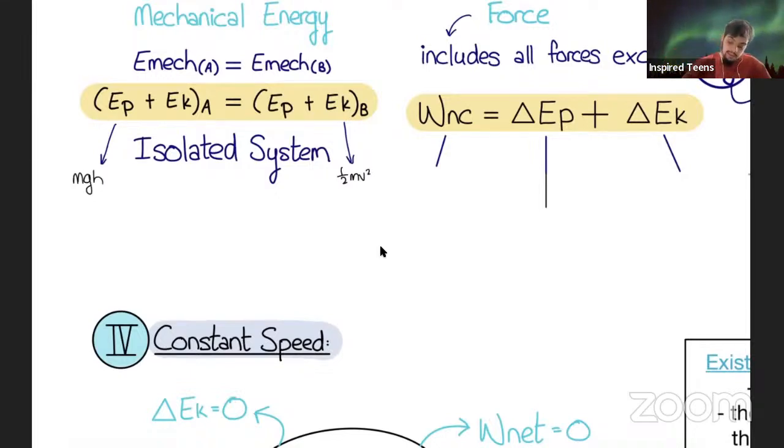Now, the biggest criterion in order to use this formula is that you have to have an isolated system. What does it mean to have an isolated system? Having an isolated system means, number one, that you have no frictional force.